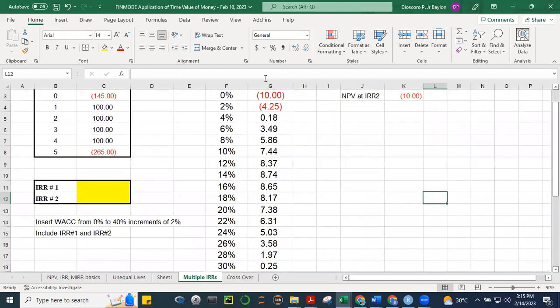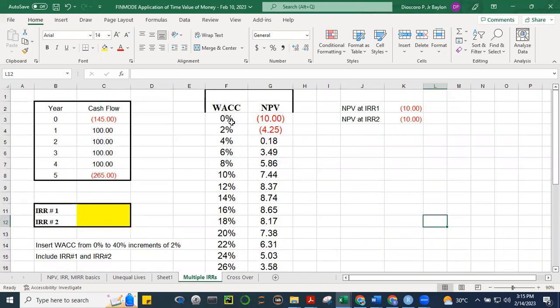Okay, please kindly chat if you were able to compute for the net present value given the different levels of your weighted average cost of capital. Kindly chat, please, if you were able to do that.